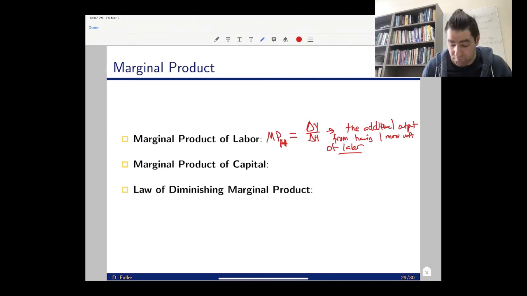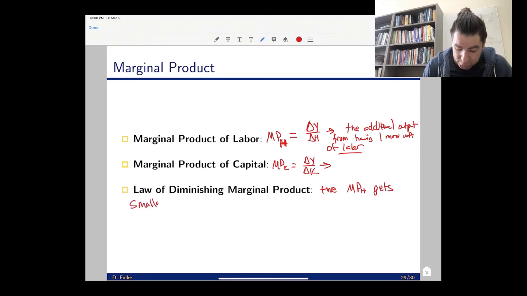Marginal product of capital is very similar. The change in Y over the change in K, and it tells me the additional output I get from having one more unit of capital. The law of diminishing marginal product says that both of those get smaller the more of the resource I have. So the marginal product of labor gets smaller the more labor I have.